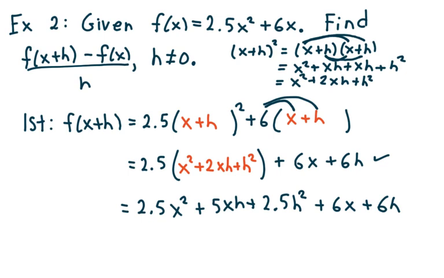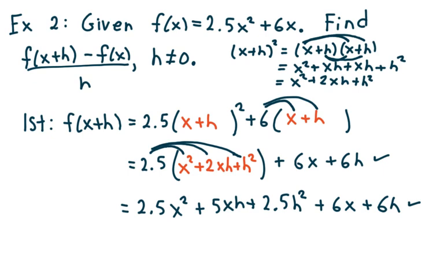And now, on the next line, I'm going to distribute the 2.5 to each term within the parentheses. And when that happens, I get 2.5x squared plus 5xh plus 2.5h squared plus 6x plus 6h right here.